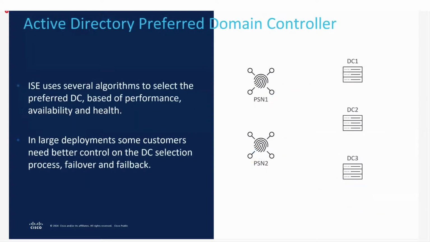And the last one we're going to talk about is the Active Directory Preferred Domain Controller. And what this means is, you know how ISE uses Active Directory sites and services and a couple internal algorithms to choose which domain controller to use if the primary domain controller that it's currently using is unreachable.